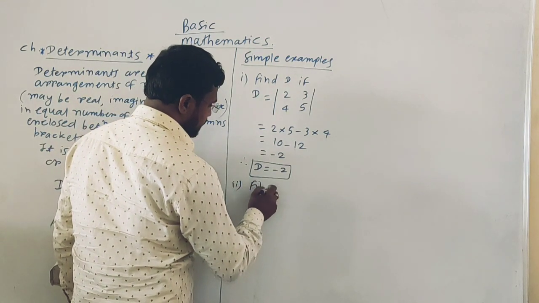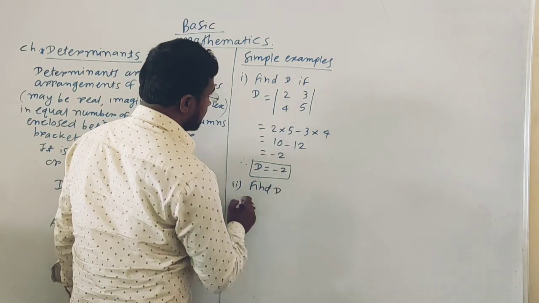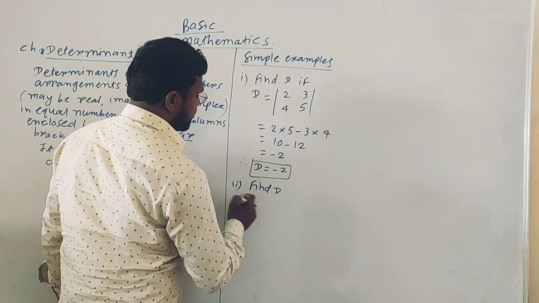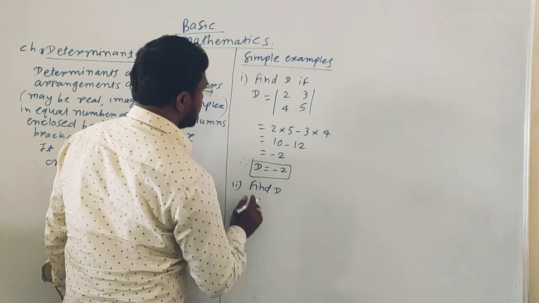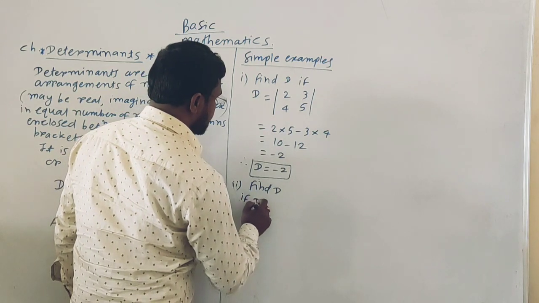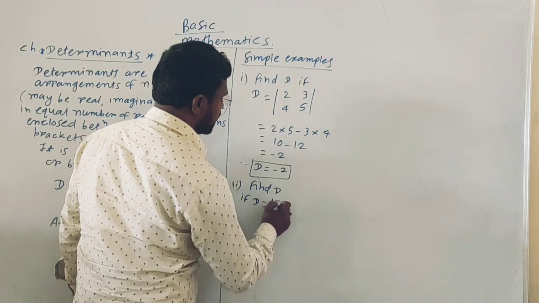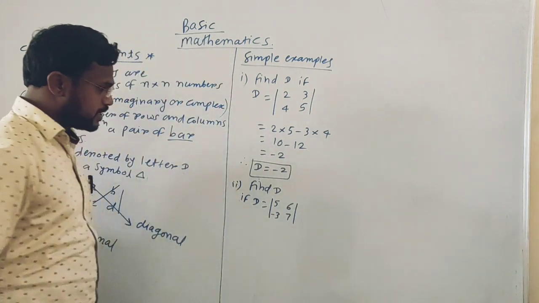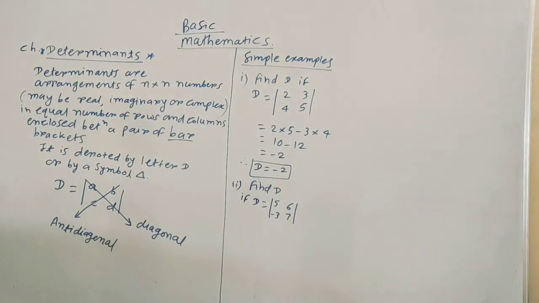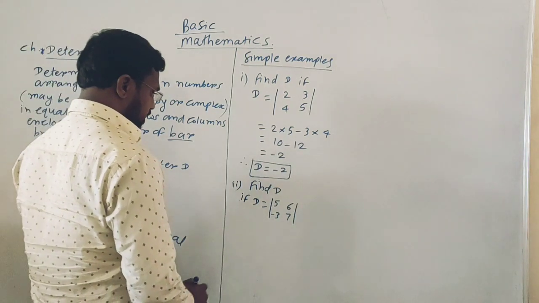Second example, find D if D equal to 5, 6, minus 3, 7.